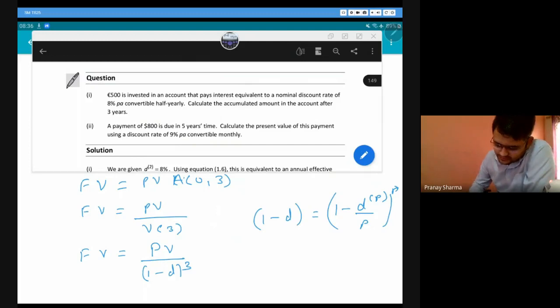We can replace it with this. So we'll say our present value upon 1 minus d2 by 2, the whole raised to 2 into 3. So that becomes our 6 half years.